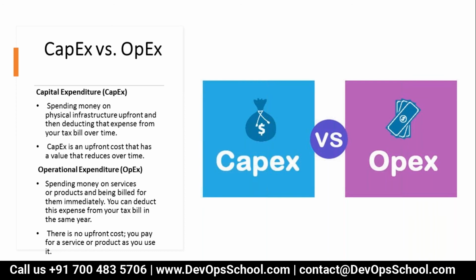In operational expenditure, you have already started the job, and after 1 month you are going to pay. But in case of capital expenditure, there is an upfront cost involved. First you have to invest 1 lakh rupees, then you will get a laptop, then you are going to start your job. So guys, are you clear about what is upfront cost and what is the difference between capital expenditure and operational expenditure? Any doubt? Anyone have any confusion?